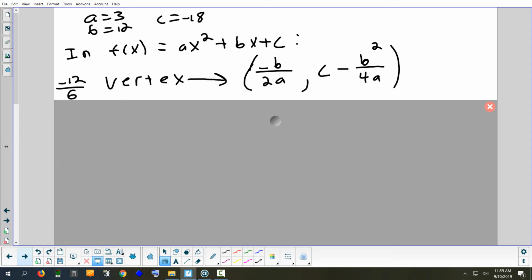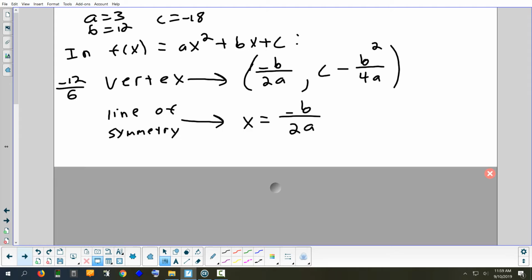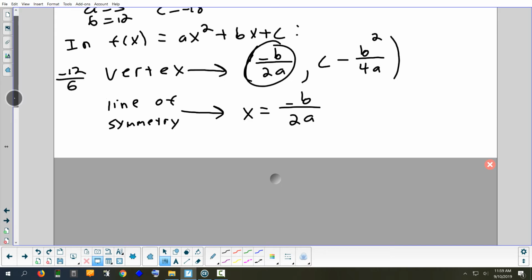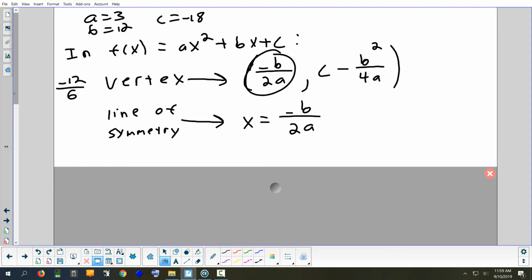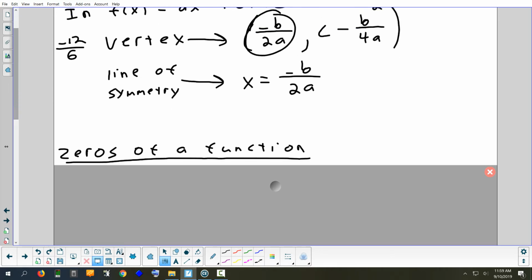So you can get the vertex by just using that formula. And the line of symmetry is just the first part of the vertex. Okay, not a formula that I really remember very often, but it's there if you need it.